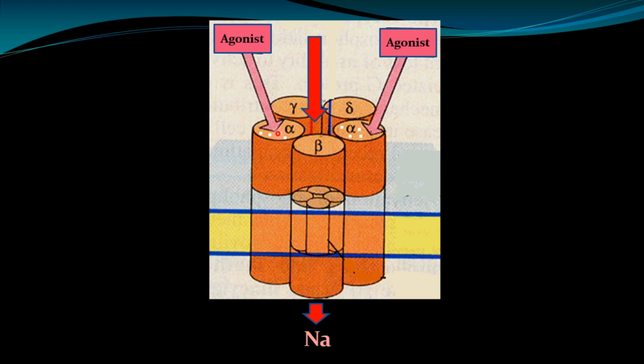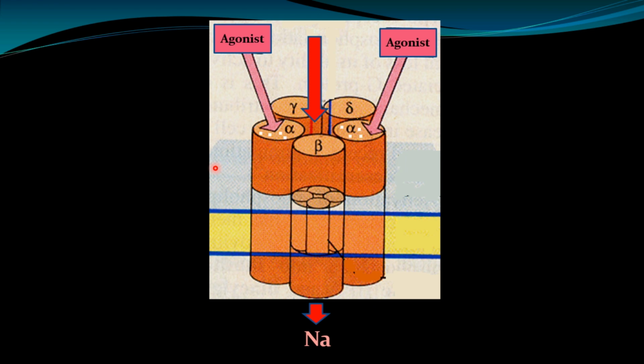And what is the intrinsic activity in this receptor? This subunit will contract in this direction, and this subunit will contract in the opposite direction. So when both subunits contract in opposite directions, there will be the opening of the channel.